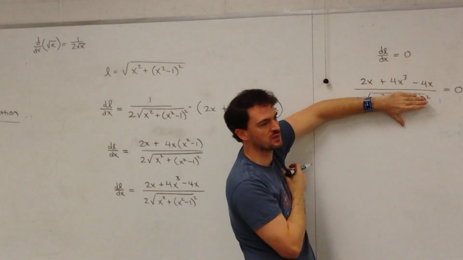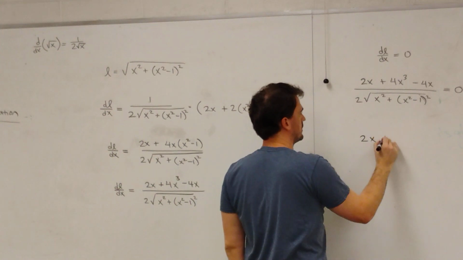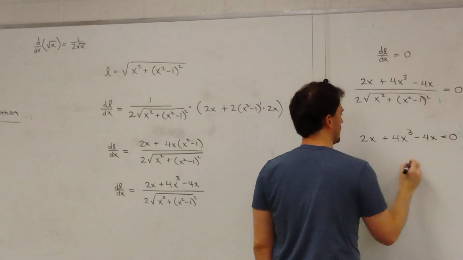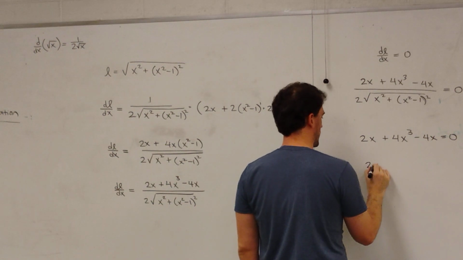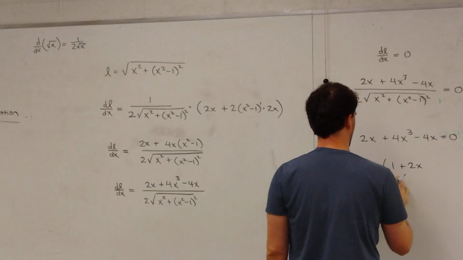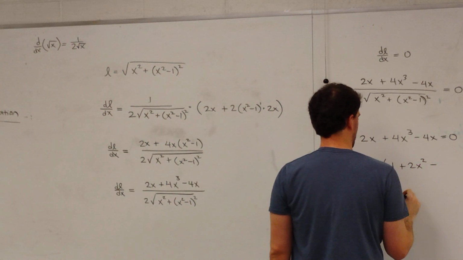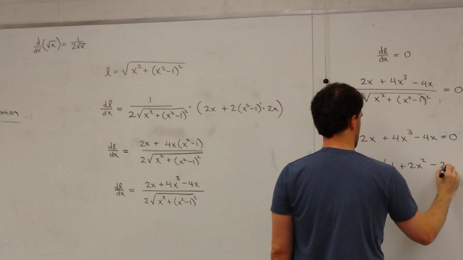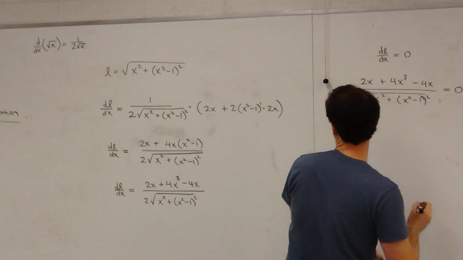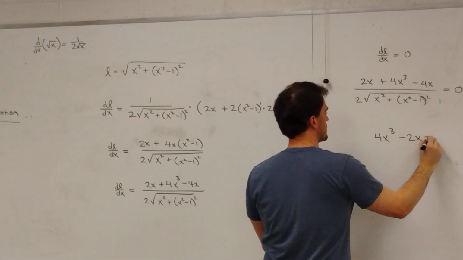So you're still left with the numerator equals 0. Oh, I can combine my terms. Could have done it a lot better. 4x to the third minus 2x equals 0.